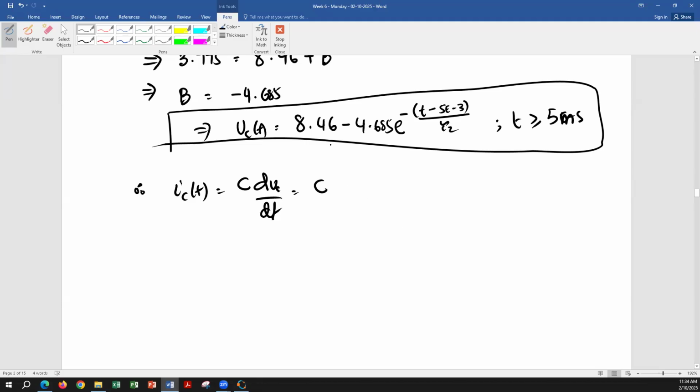Take the derivative of this expression, 8.46 will be 0, and then you're going to have negative 4.685 e to the power negative (t minus 5 millisecond) over tau 2 times negative 1 over tau 2.